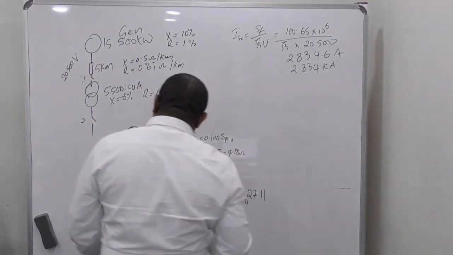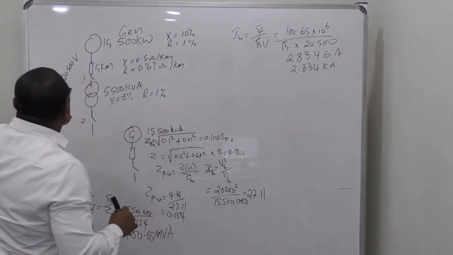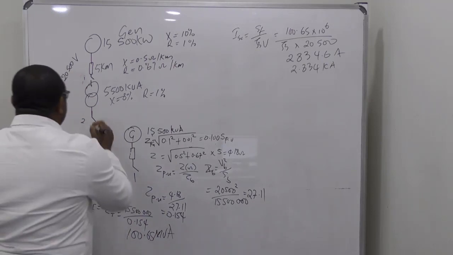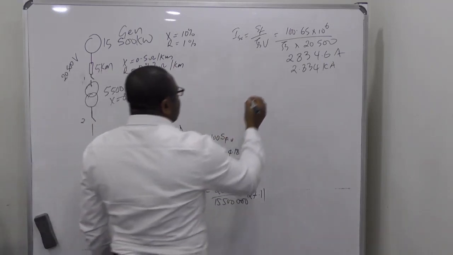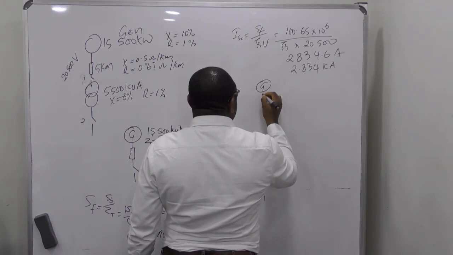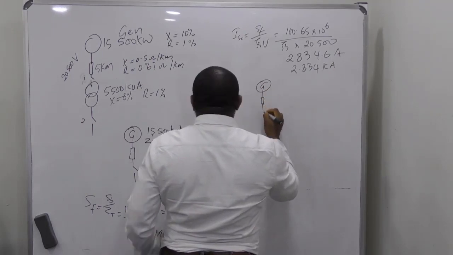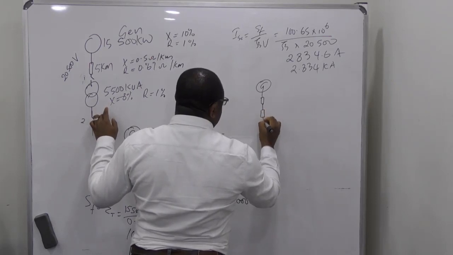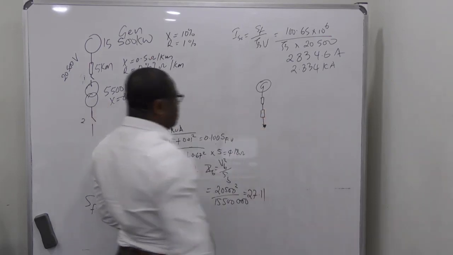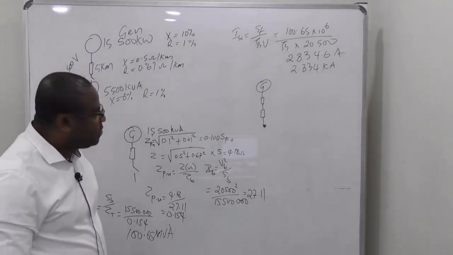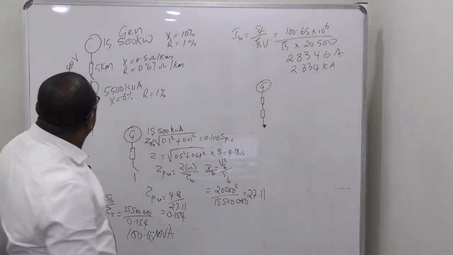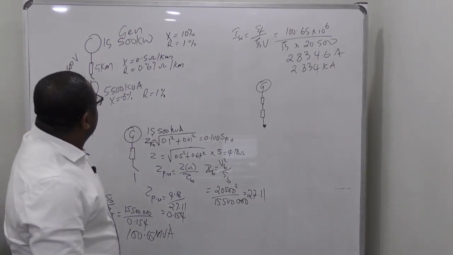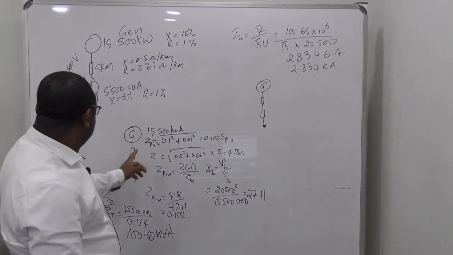Now let's look at the next one. The next one is to get the fault capacity at this point. So how do we get the fault level here? If I have the generator impedance, this impedance, and the impedance of the transformer, then we just need to get what is happening here. Let's see, what is the impedance of the generator?